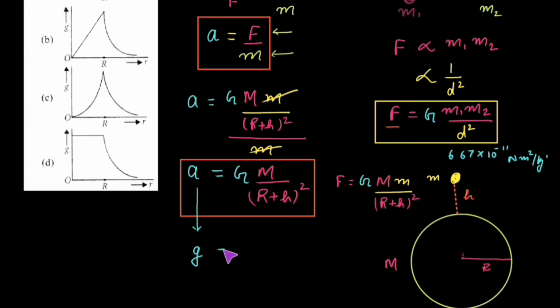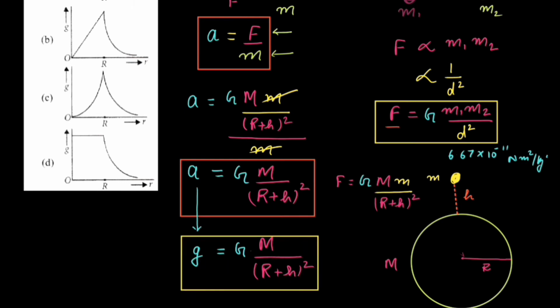So this small g would be equal to this same formula, that is capital G into capital M, which is the mass of the Earth, divided by r plus h whole square. This is the basic formula of acceleration due to gravity.